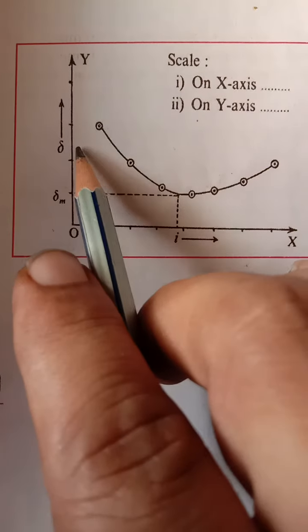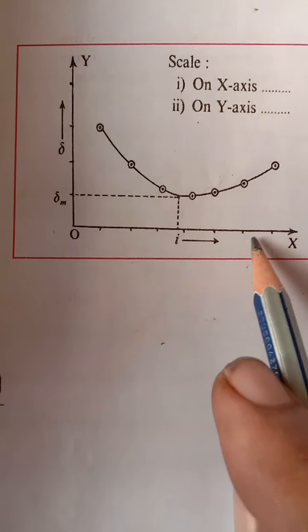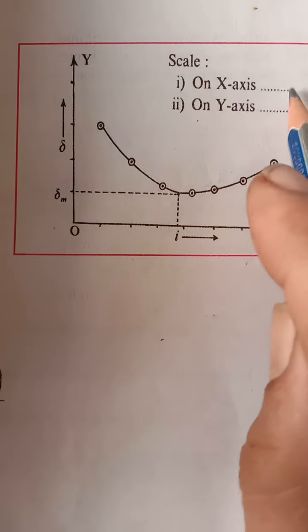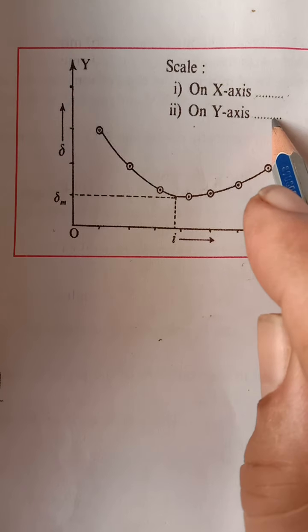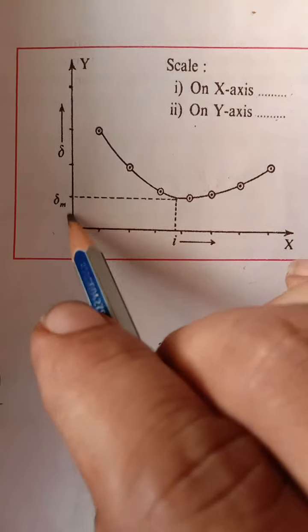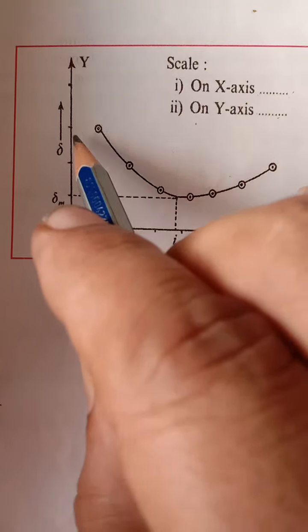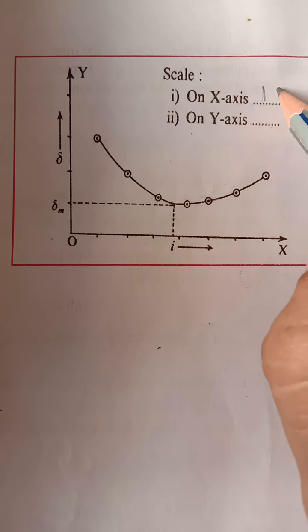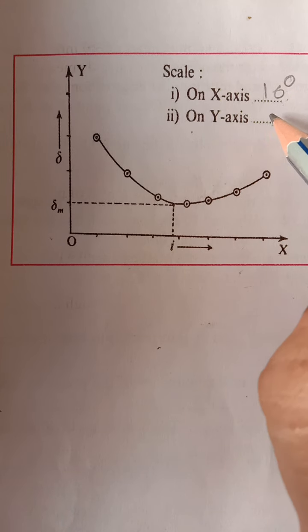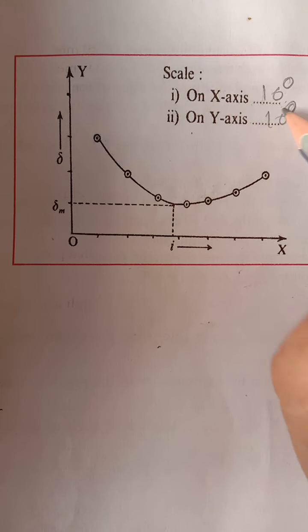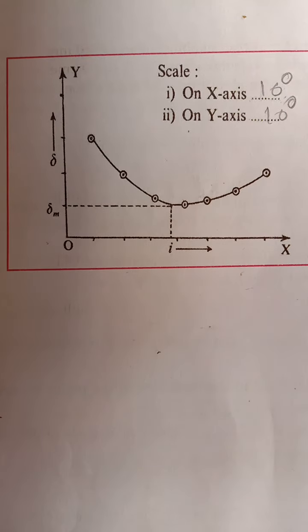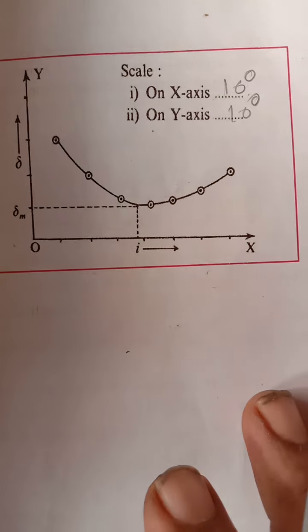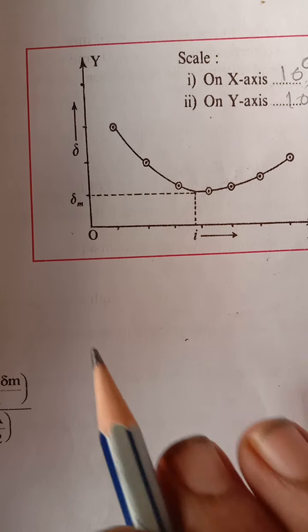Angle of deviation will be taken along the y-axis, angle of incidence along the x-axis, with proper scale in terms of degrees. Suppose for 10, 20, 30, 40, 50, 60, on the x-axis 10 degree is 1 centimeter, and again on the y-axis 10 degree is 1 centimeter.